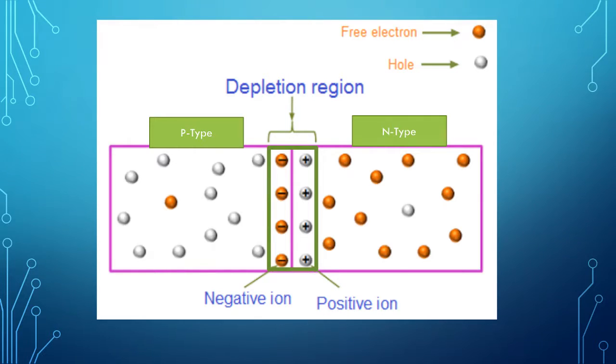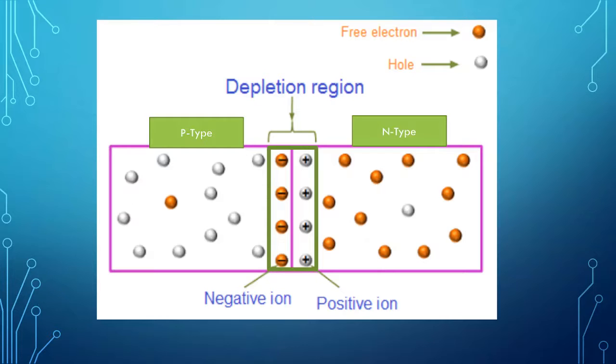Once the depletion region is formed, there is no electron or hole movement between these two semiconductor materials. This is a barrier forming in between the two semiconductor materials. This is the concept of the depletion region.